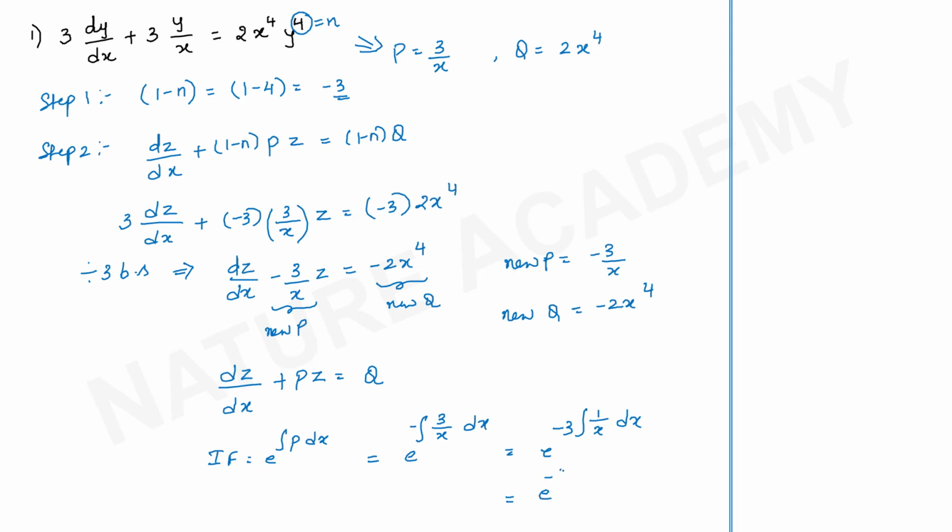This will be equal to e raised to minus 3 into integral 1 by x, which is log x. So you have log x. Now I can write this also as e raised to log x raised to minus 3. So now my integrating factor will become e raised to log x raised to minus 3. Log and e are reciprocal to each other, therefore they will get cancelled. And my integrating factor will be x raised to minus 3 or 1 by x cube.